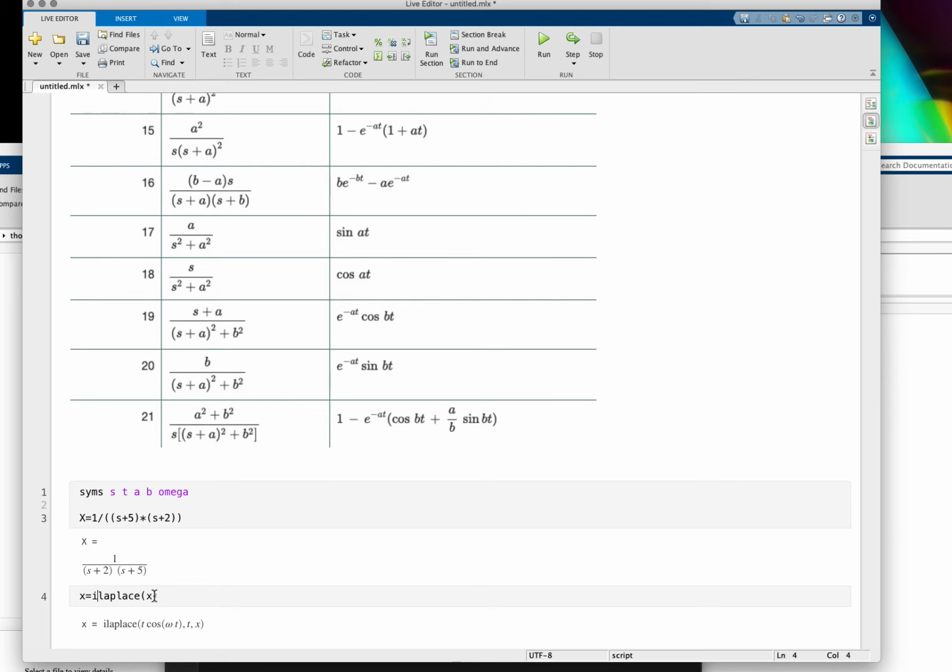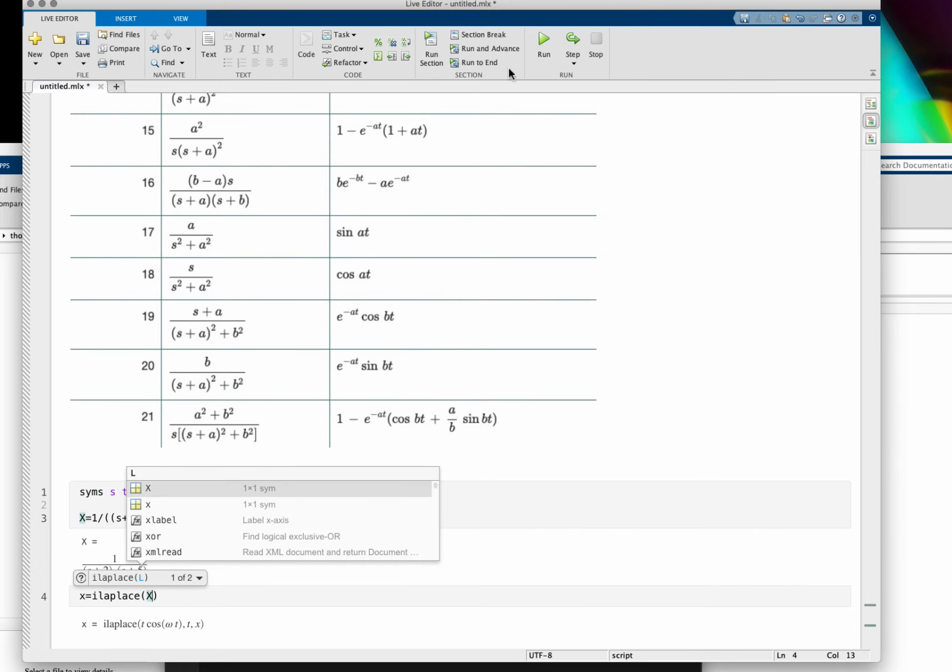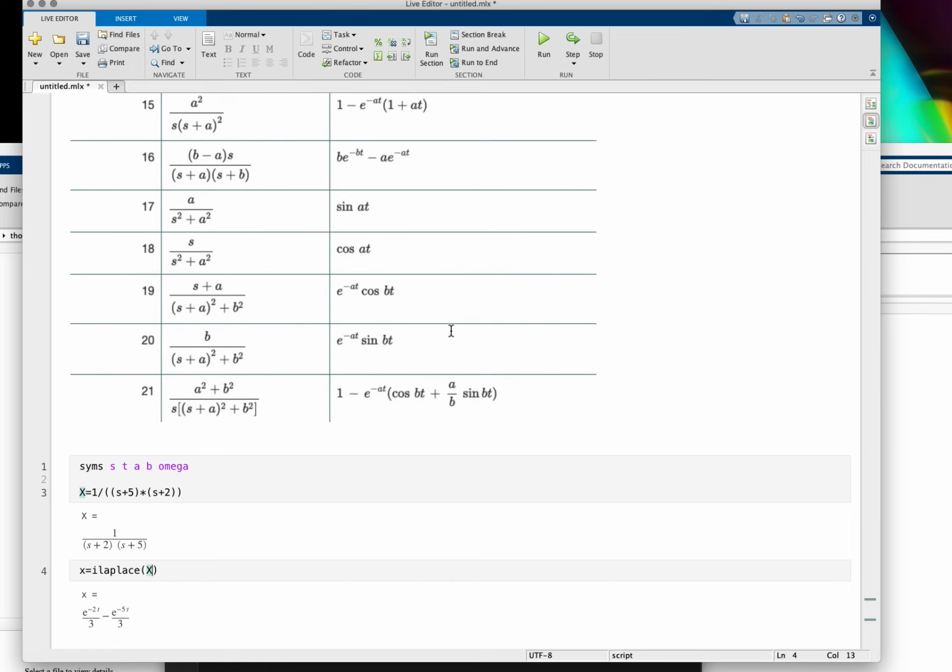Oh, I put the wrong variable, so it wasn't able to do that. I had an error. Okay, so you see, it actually did this. You may remember from differential equations that to solve this, you would have needed to do a partial fraction expansion. We'll cover that in another video. But it was able to do that and get the answer.